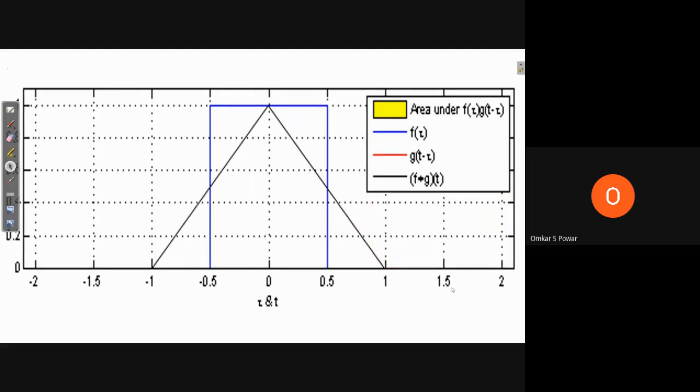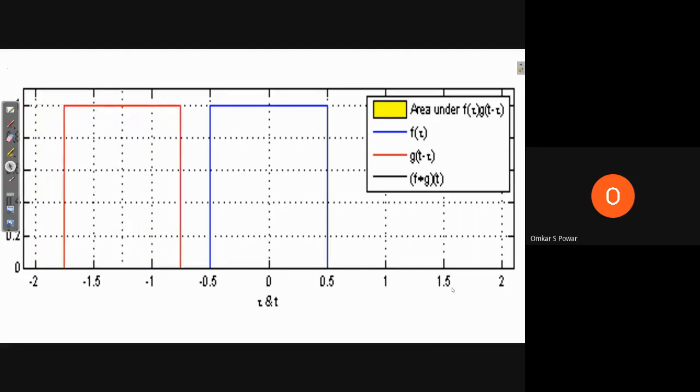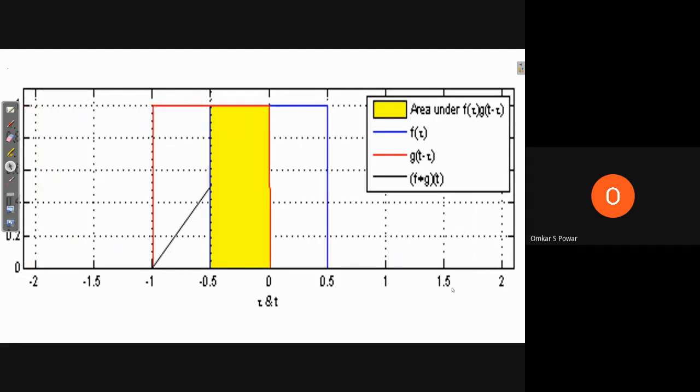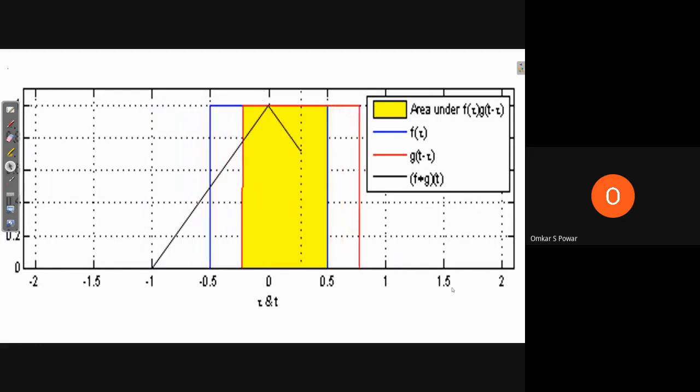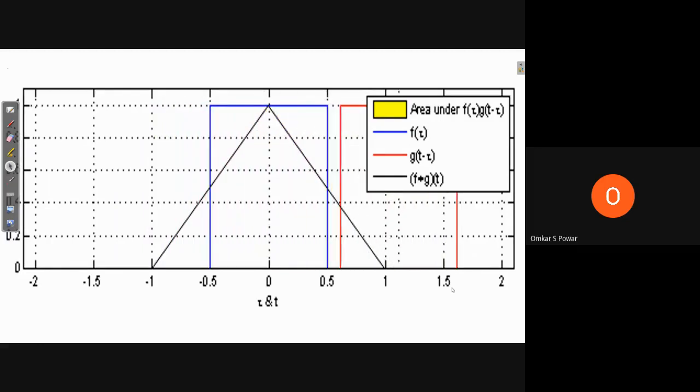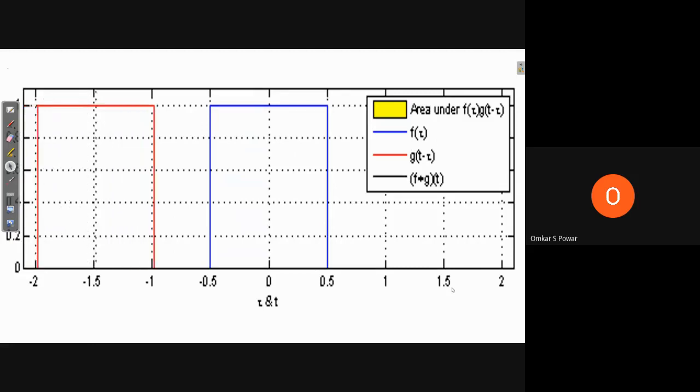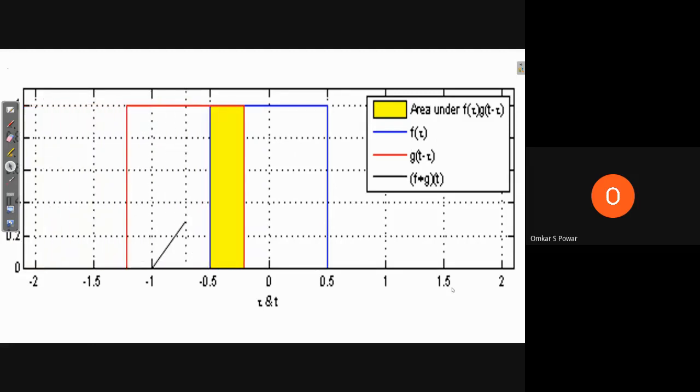When it comes up till that 0.5, nothing. Once it starts crossing that 0.5, see it increasing and the area will be maximum and then it goes decreasing, okay. That black color triangle which you get is the convolution of these two signals, blue and red.